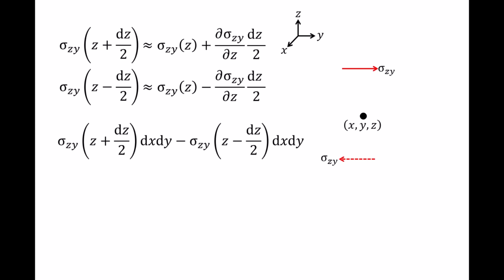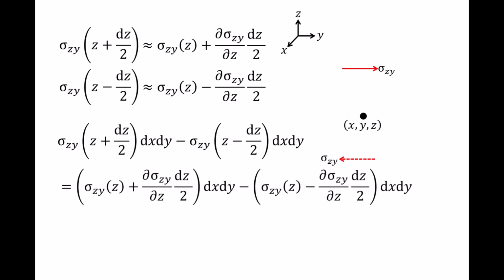And the minus sign appears because sigma zy on the bottom surface points in the negative y direction. We plug in the expressions for sigma zy at the top and bottom surfaces, and the sigma zy terms cancel out. This leaves us with partial sigma zy partial z times dz dx dy. And dz dx dy is simply the volume dV.